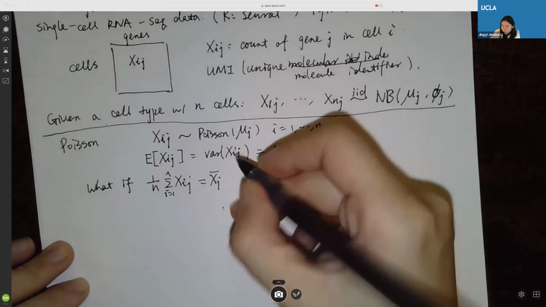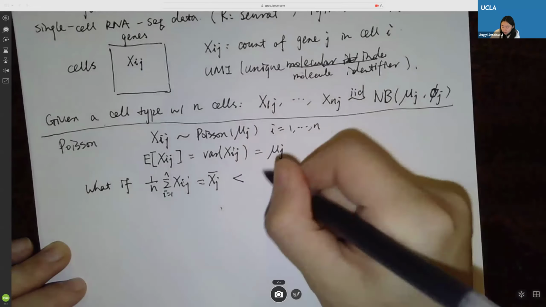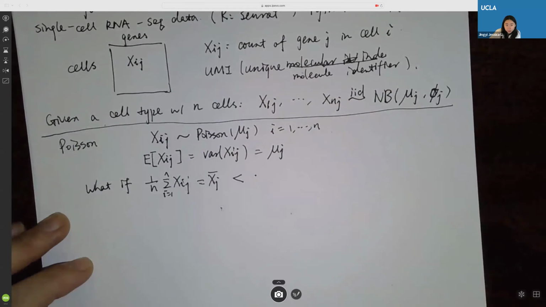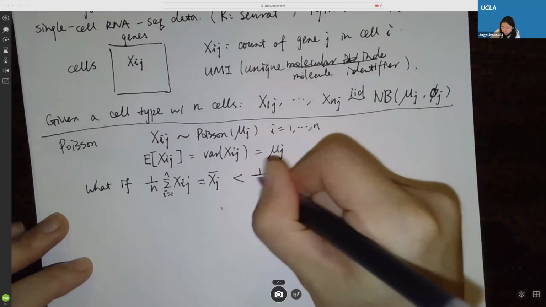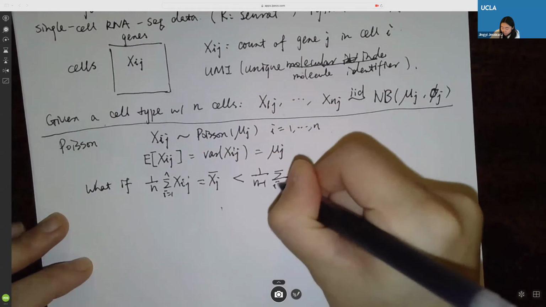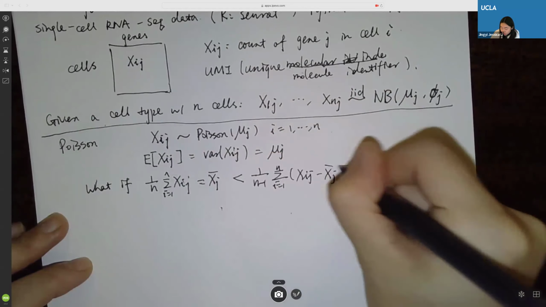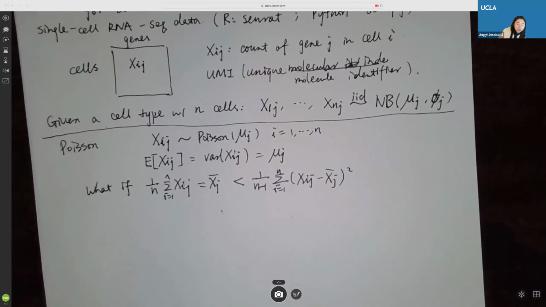What if this is obviously smaller than the variance of this set of data? For variance, if I compute it from my data, it's 1 over n minus 1 times the sum over i from 1 to n of (xij minus xj bar) squared. So if I have this, then clearly maybe the assumption of Poisson that mean is equal to variance may not hold. Then what can we do with this scenario?